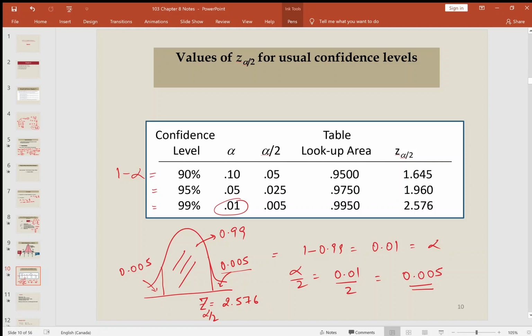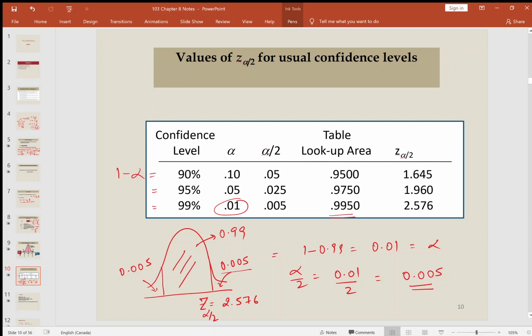Because if you go to the z table and look for an area of 0.005 in the body of the table, or an area of 0.9950 to the left of the curve.